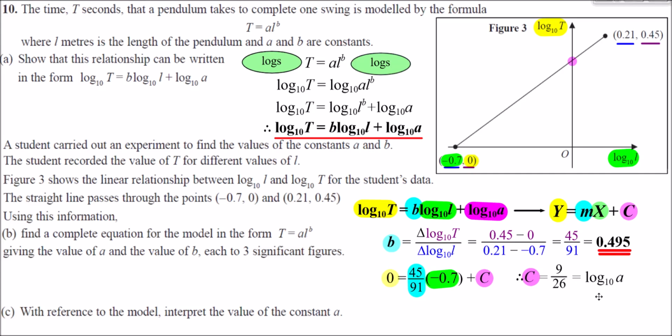If I do 10 to the power of log base 10, one will undo the other, in the same way that doing e to the power of something to the natural log, one will cancel the other. So if I raise both of these to the power 10, then this 10 and that log base 10 will cancel. So in other words, a is just going to be 10 to the power 9 over 26.